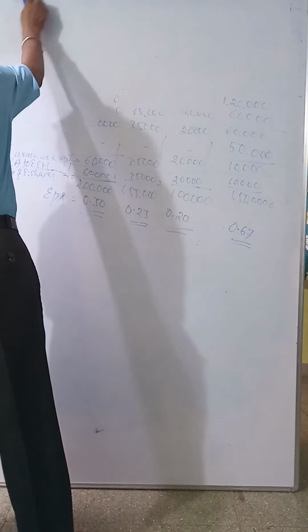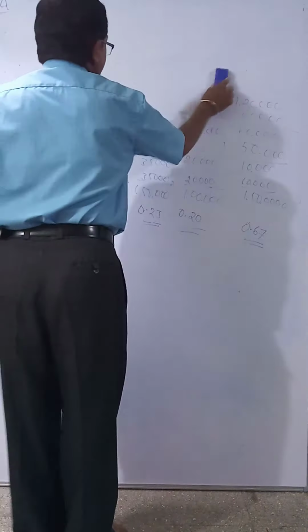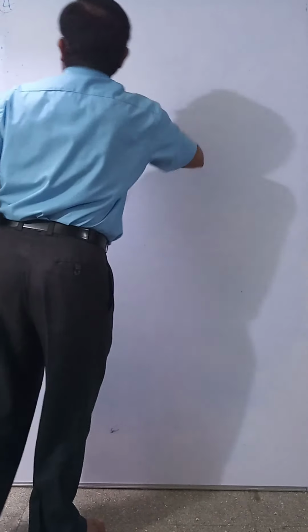Now the last point, the second point in the question: calculate EPS if the EBIT is doubled. Double means in place of 1,20,000, you have to write 2,40,000.